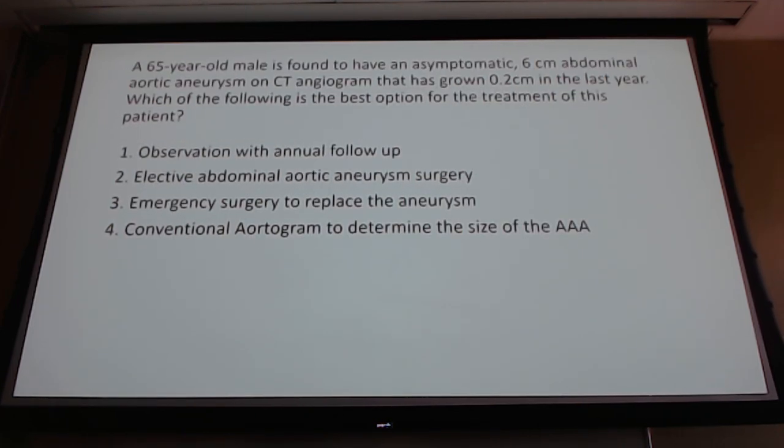If it's smaller vessels, it's harder to do, but it's something that we can do if this becomes an issue. All right, we have a 65-year-old male found having an asymptomatic 6 centimeter abdominal aortic aneurysm on CT angiogram. It has grown 0.2 centimeters in the last year. Which of the following is the best option for the treatment of this patient?